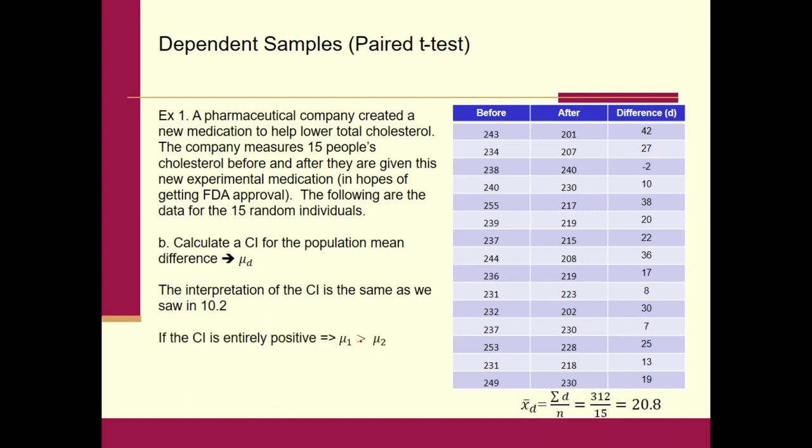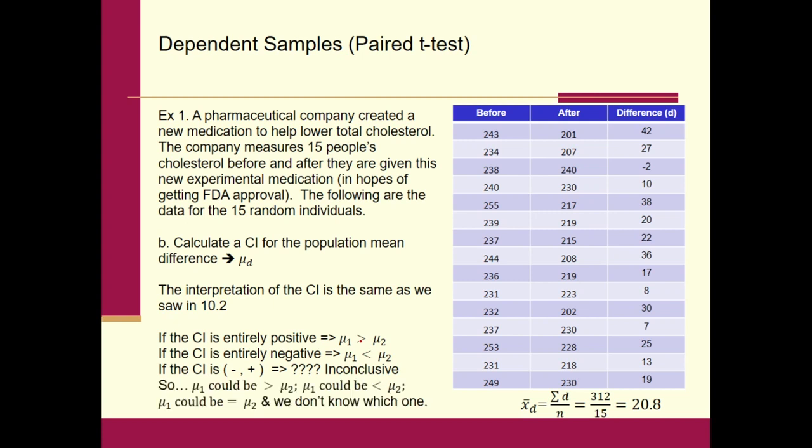If the confidence interval is entirely positive, that means mu1 is greater than mu2. If it's entirely negative, mu1 is less than mu2. And if the confidence interval starts with a negative and goes to a positive, if it includes the value of 0, we have inconclusive results. That means mu1 could be greater than mu2, less than mu2, or equal to mu2, and we don't know which one it is.